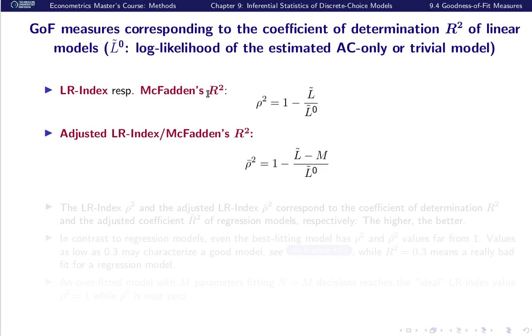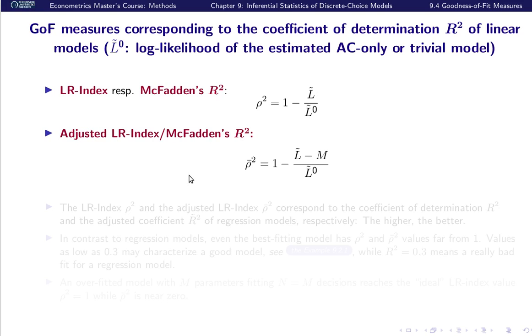There are two further measures which are more or less related to the corresponding R-squared measures of regression. McFadden's R-squared, also called the LR index, would correspond to the normal R-squared of regression, and this would correspond to the corrected R-squared in regression, and it's just the adjusted LR index.